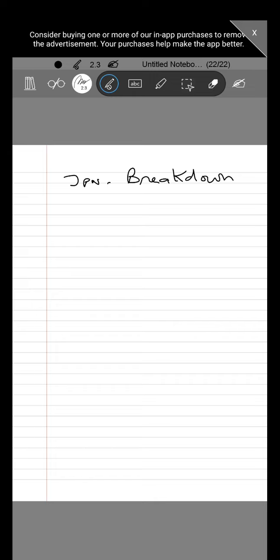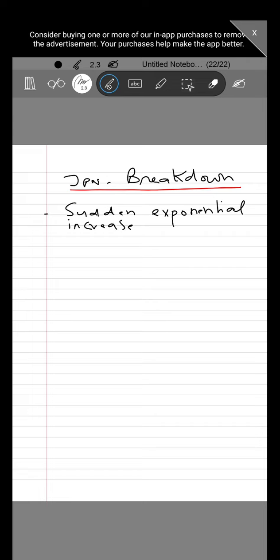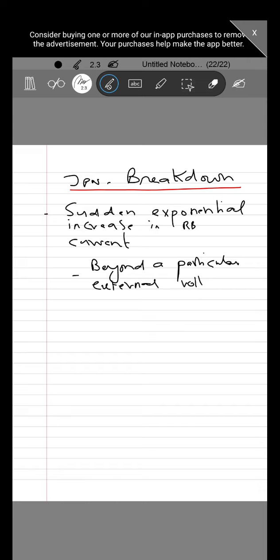PN junction breakdown corresponds to the sudden exponential increase in reverse bias current, which occurs beyond a particular external voltage. It is called the breakdown voltage.